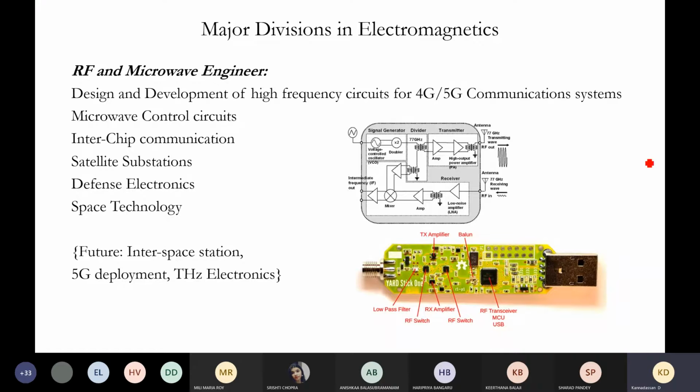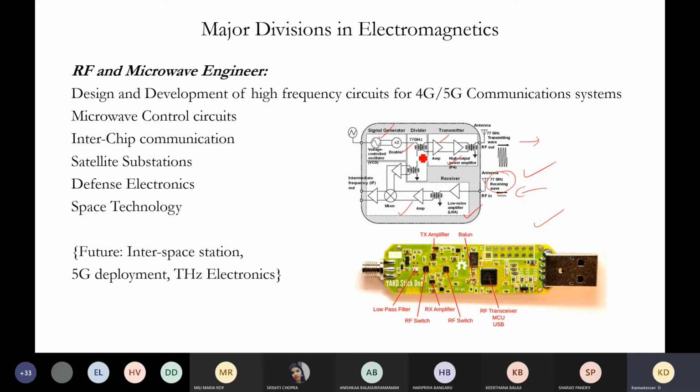What you see here on the right hand side is nothing but an RF and microwave module. This is actually a 77 gigahertz transmitter and receiver, an automobile radar. It has an oscillator, then a doubler, amplifier, then a power amplifier, and at the receiving side, a low noise amplifier, then a mixer. All of these directly convert the signals and detect them when received.